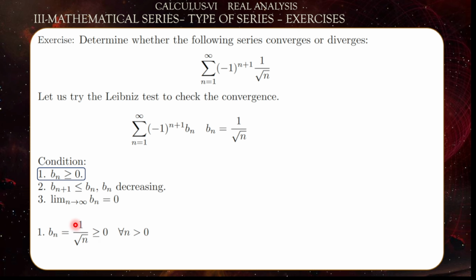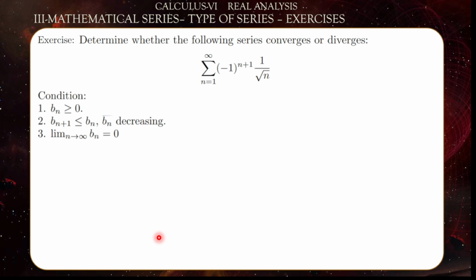Then for all values of n, b_n is greater than or equal to 0. Second condition: b_(n+1) less than or equal to b_n, or in other words, the sequence b_n is monotonically decreasing.